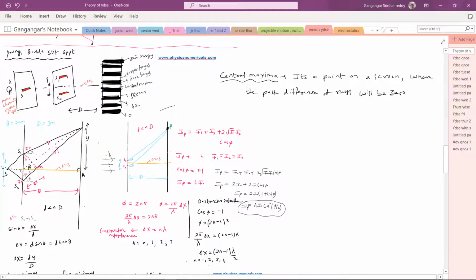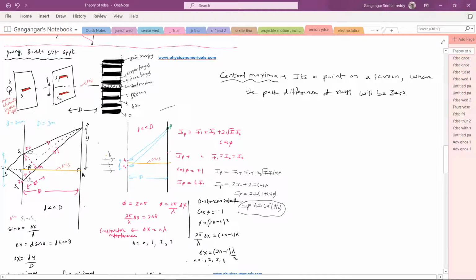It's a point on a screen where the path difference of the rays is 0. This is a very, very important condition. How to locate central maxima? It's a point on the screen where the path difference is 0. So the central maxima will lie at the axis. That is the location of central maxima.